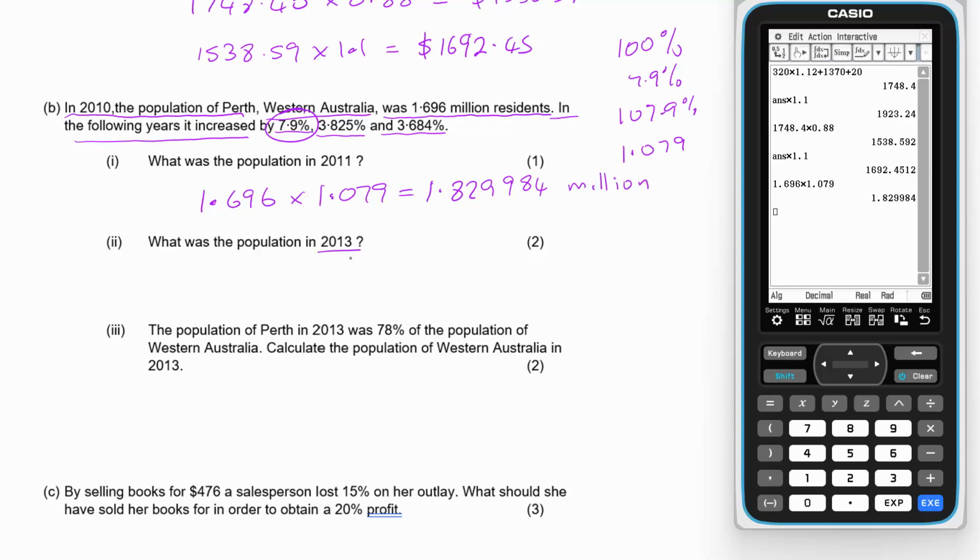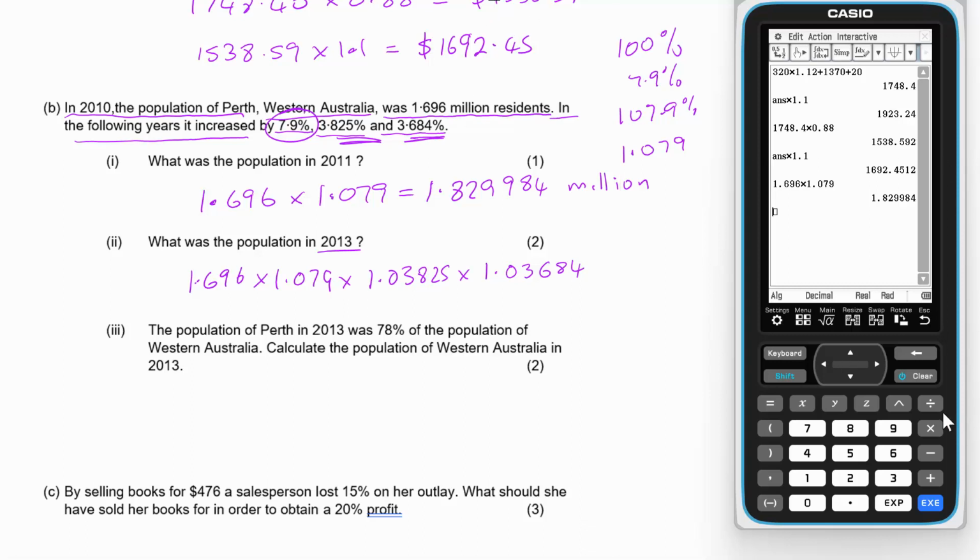And then 2013, that's the next two increases as well. So we'll just have the 1.696 times the 1.079 again, times 1.03825, and times 1.03684. So using these ones here.